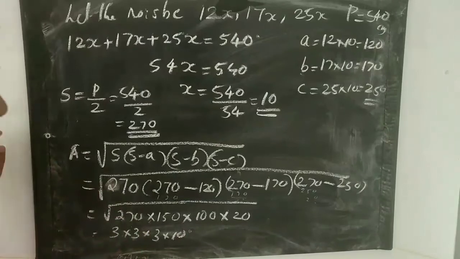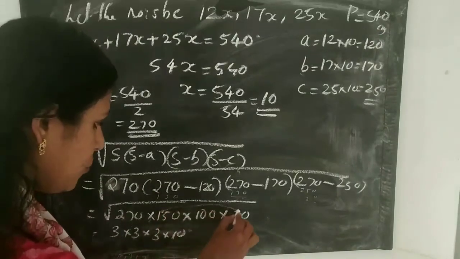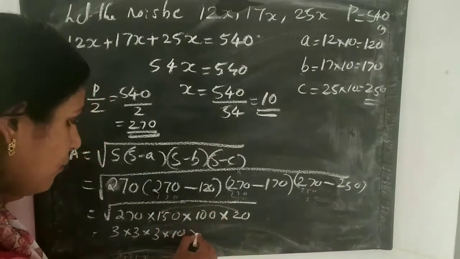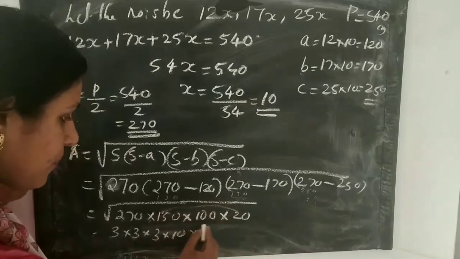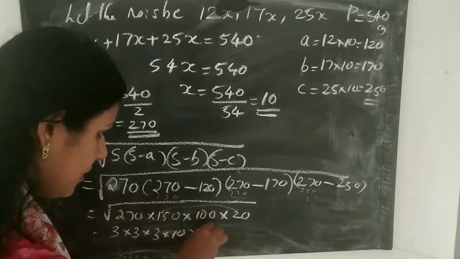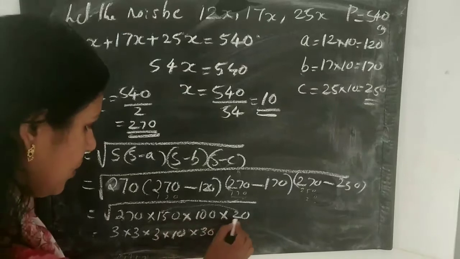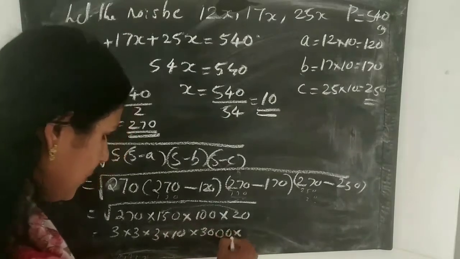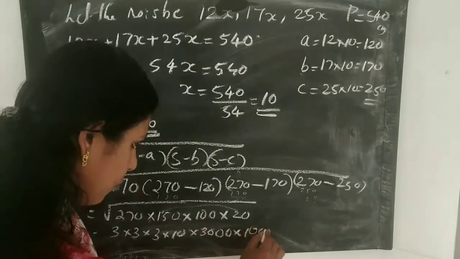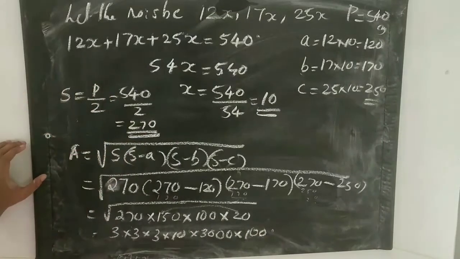Isn't it, children? Now 15 into 2 is what? 15 into 2 is 30. Then here two zeros are there. Then again 10.